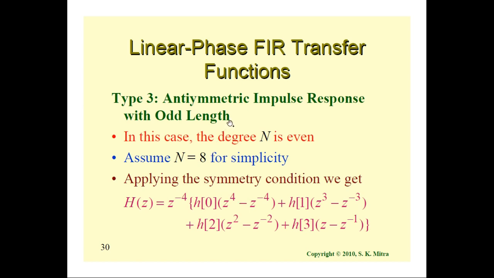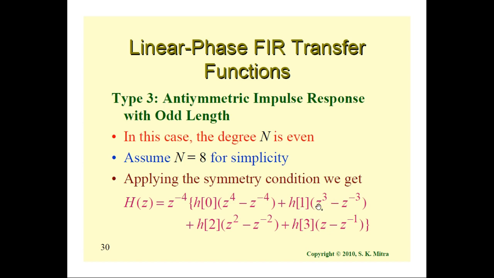Next comes the type 3 filter, which has antisymmetric impulse response with odd length. Therefore, the order will be even in this case again. However, due to the antisymmetric impulse response, the corresponding coefficients, that is h0 and h8, which are both the same, will have amplitude which is opposite in sign. Therefore, once we combine those terms, we will have this combination.